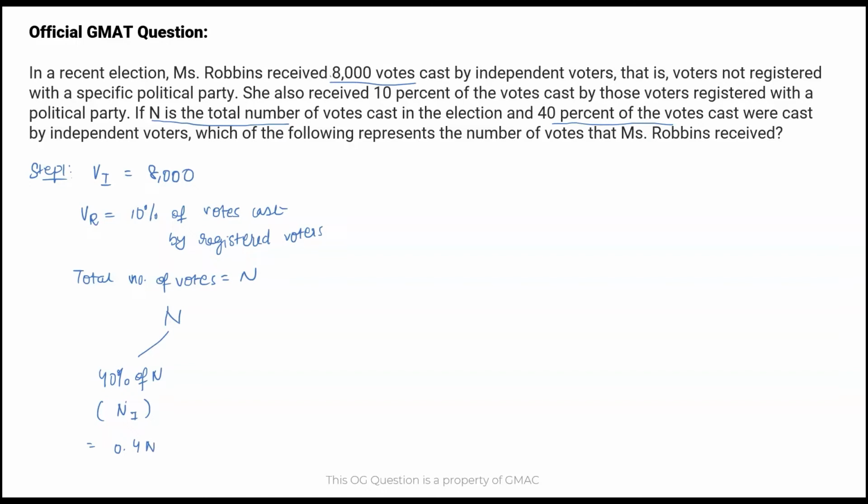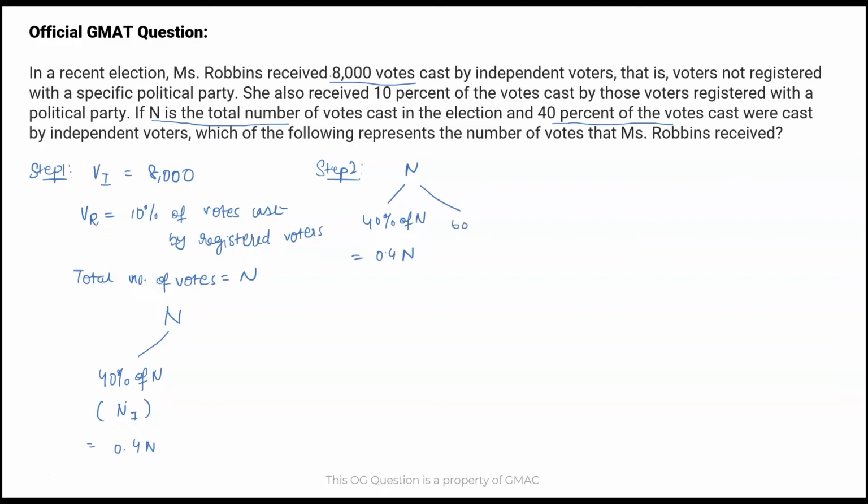Since no other information can be derived from the question, let's move on to step 2, which is understanding how to solve the question. Now from n number of votes, 40% of n, or we can say 0.4 n number of votes, are the votes that were cast by independent voters.